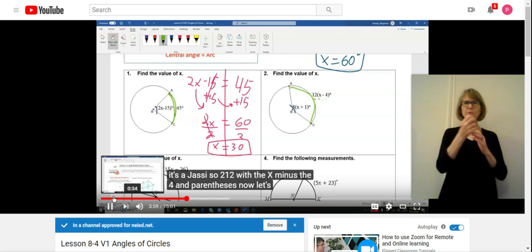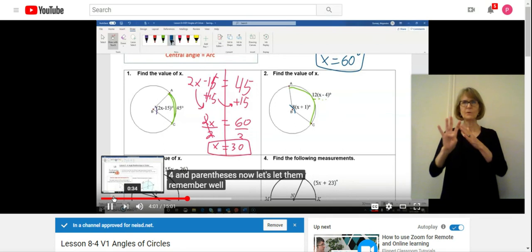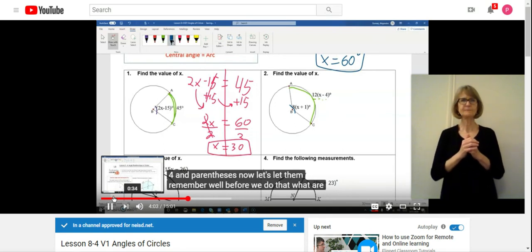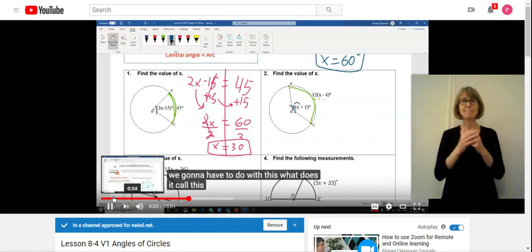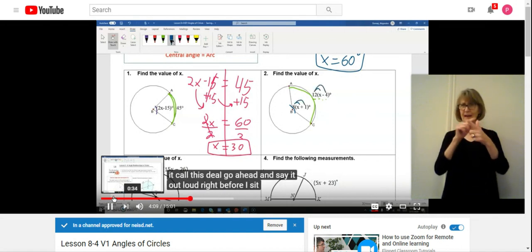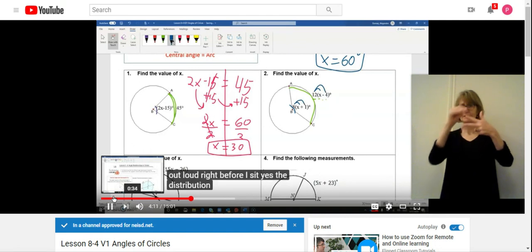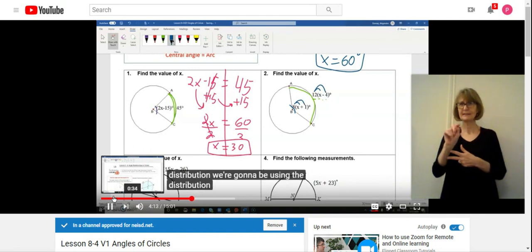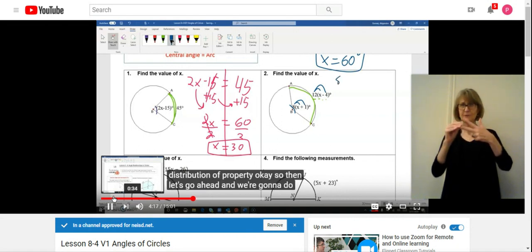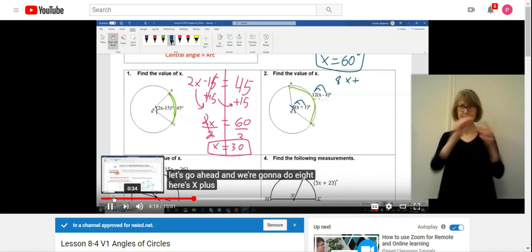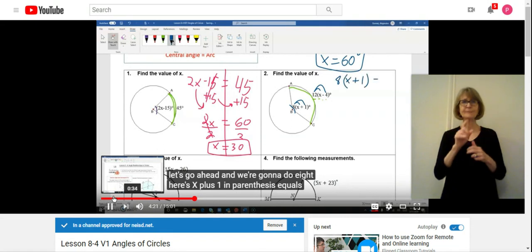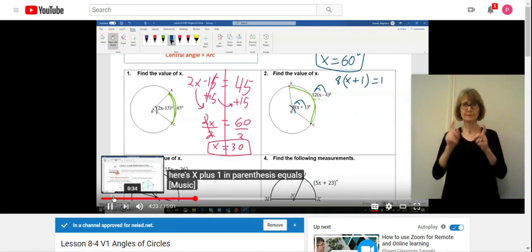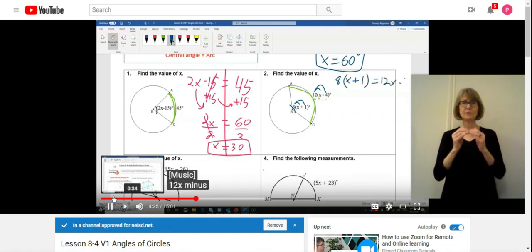Now, we're going to set them equal, but remember, before we do that, what are we going to have to do with this? What is it called? Go ahead and say it out loud right before I say it. Yes, that's the distributive property. So we're going to do 8 times the quantity x plus 1 equals 12 times the quantity x minus 4.